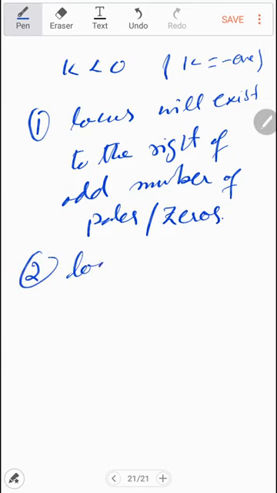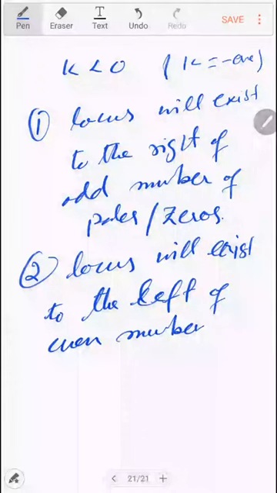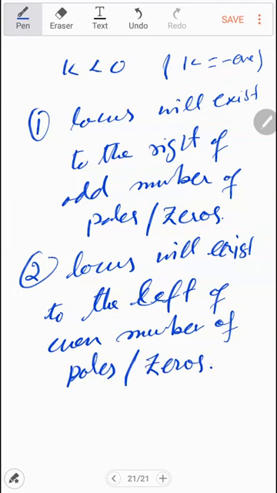Number 2, the locus will exist to the left of an even number of poles or zeros. So this should be clear. Do not mix up this also.